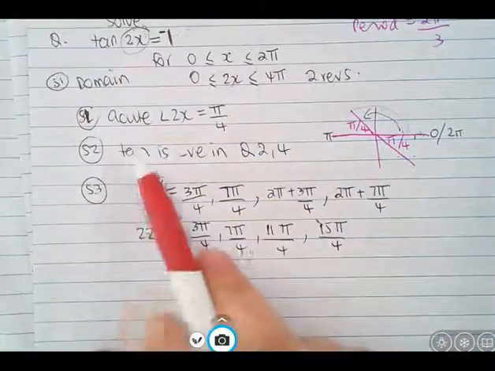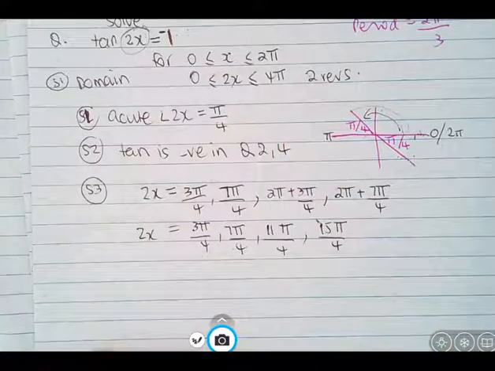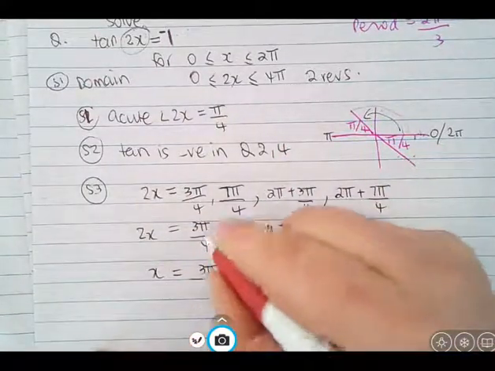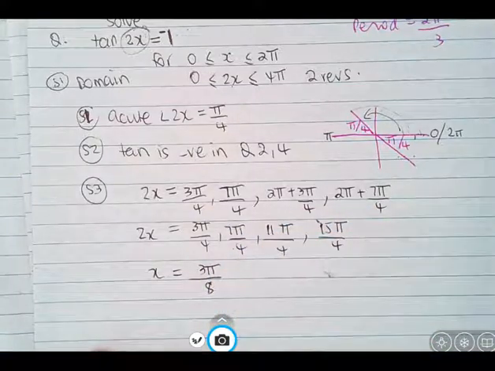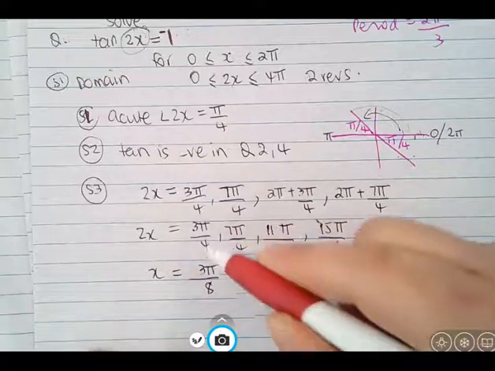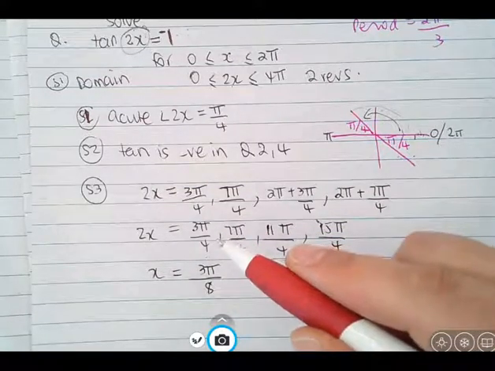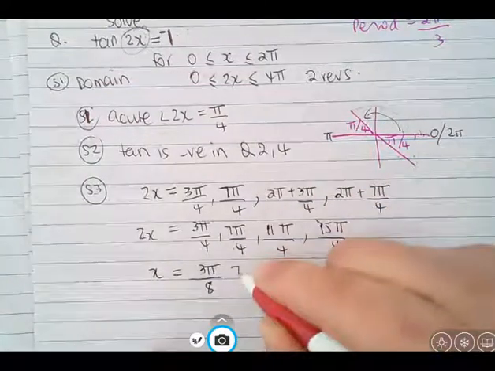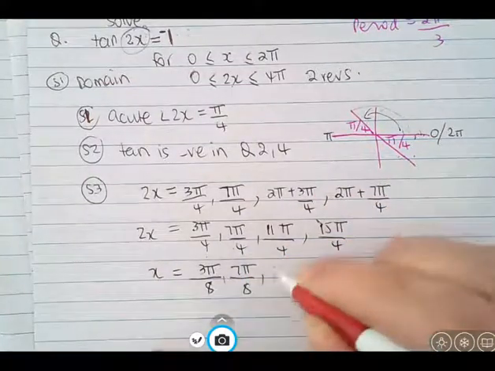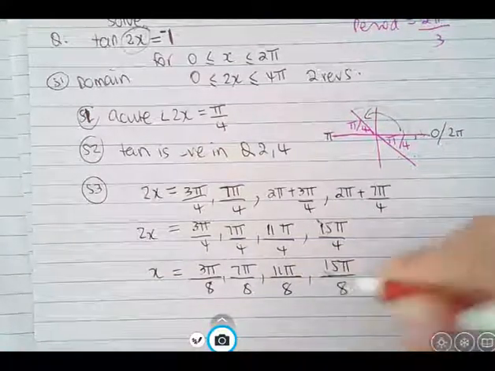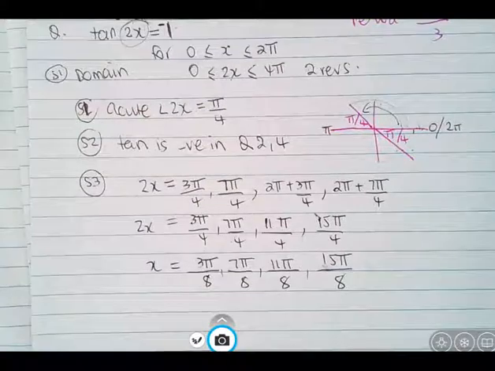So as long as all your 2x's are lying between 0 and 4 pi, now I divide by 2, and I get 3 pi on 8. Just remember, 8ths are half of quarters. See how you're in quarters? You halve a quarter. Don't you get 8 pieces to your pizza? So you're dividing by 2. You're now in 8ths. Keep the numerator the same. All right?